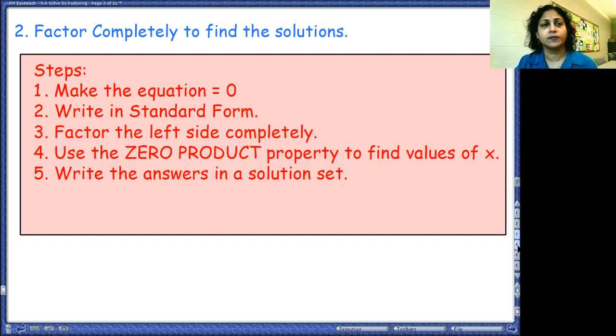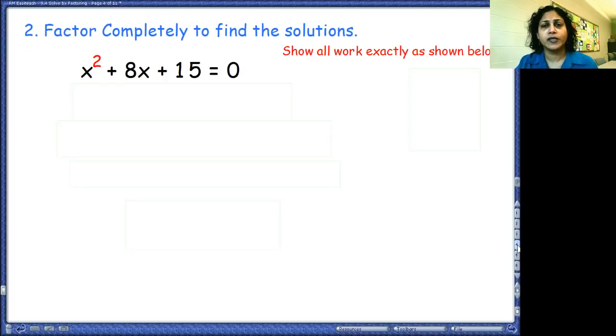So here we go. Factor completely to find the solutions. I want you to show all the work exactly as I am showing it to you right now. So here we have a trinomial and we have made it equal to 0. So the first step is to make it equal to 0, make sure it's in standard form, and then you factor it.